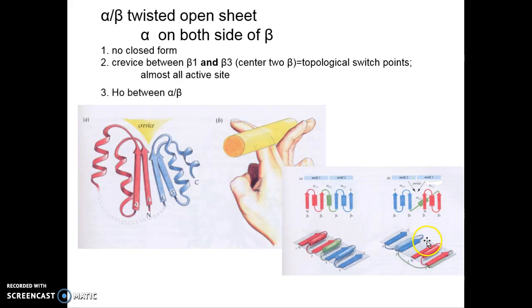As you see here, in terms of topology, there is a topological switching point, which represents the reverse direction point for the two motifs and makes a very big crevice.